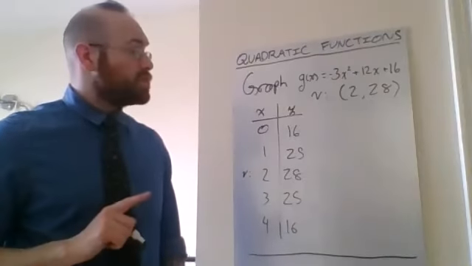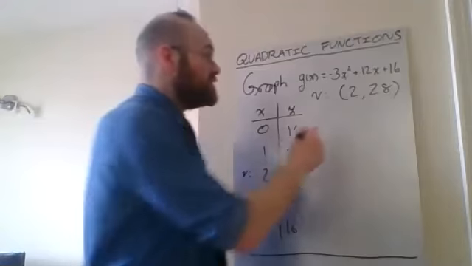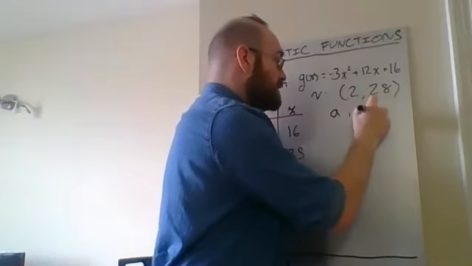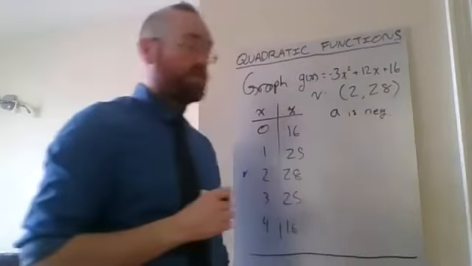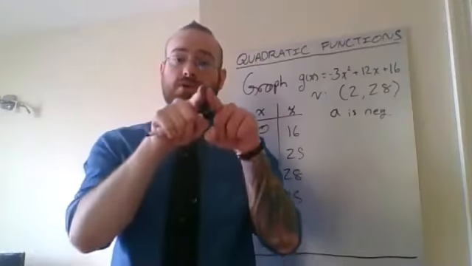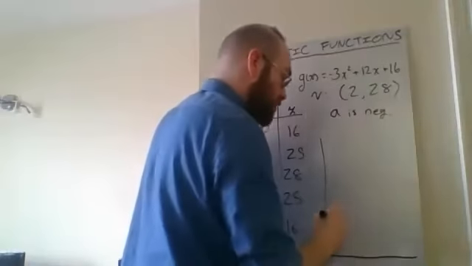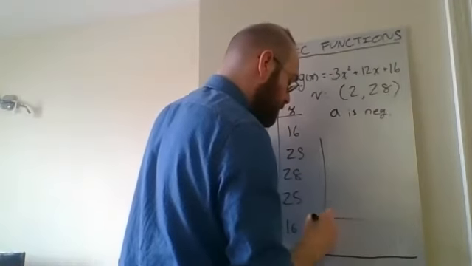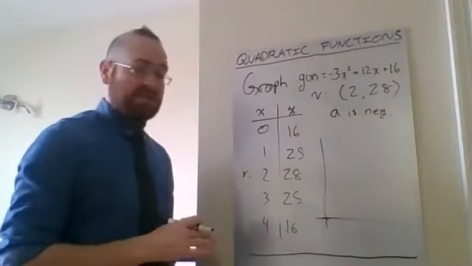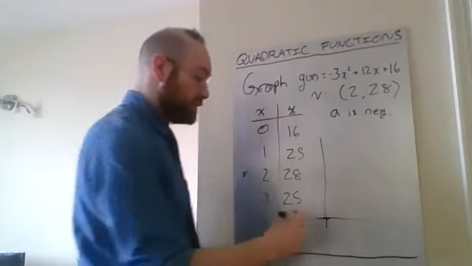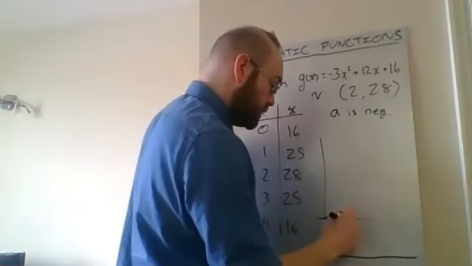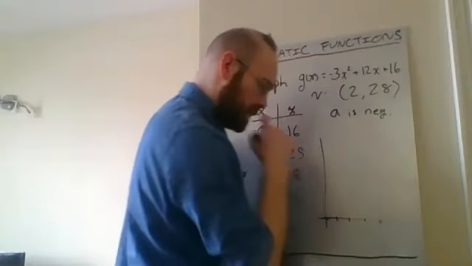Now it's worth noticing that a is a negative number, negative 3. So that means our parabola is going to open downwards. So let's draw this graph out here. Again, we have all positive numbers and 0, so I don't need to have more than the first quadrant. So let's go up to 1, 2, 3, and 4.